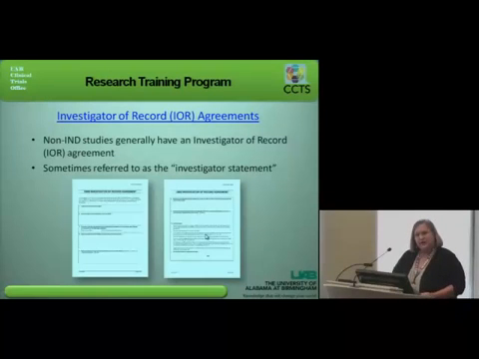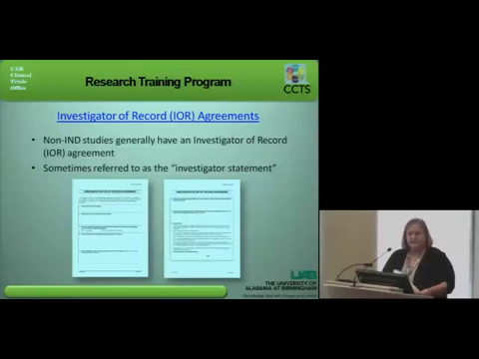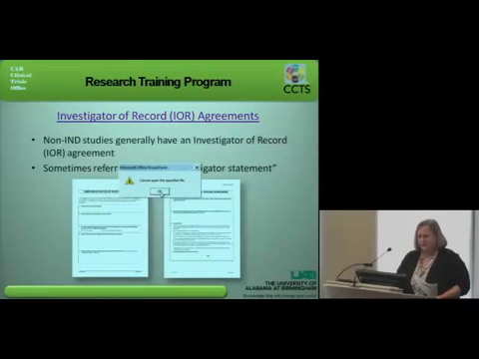Okay, another type of document, what we were just talking about, was a 1572. A 1572 is used for your IND studies, your investigational new drug studies. There's another type of form called an Investigator of Record or IOR agreement, and this is used traditionally for non-IND studies, such as your natural history studies or your case review forms. I'm going to give you an example of this form right here.